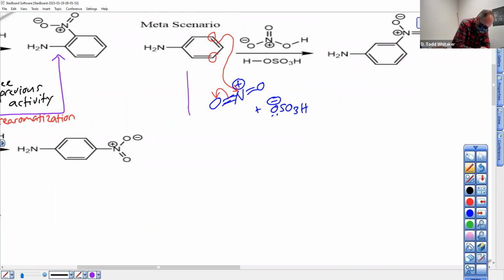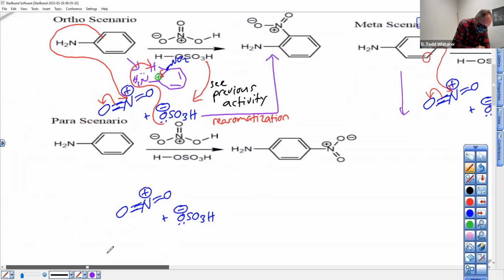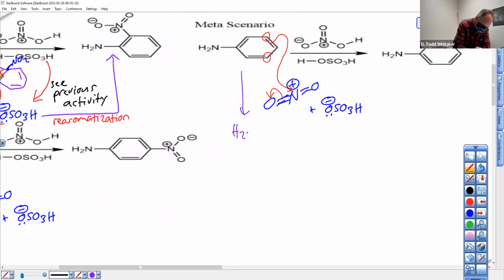Purple. And intermediates would run purple. Double bonds are still here and here. The meta position has an H here. There's a cation here. And NO2 went there.